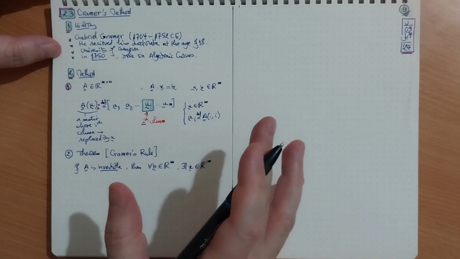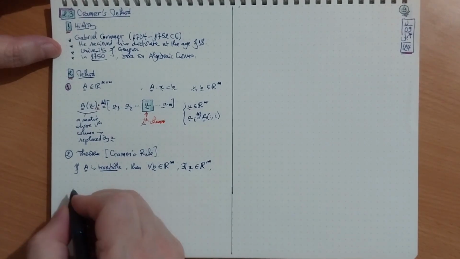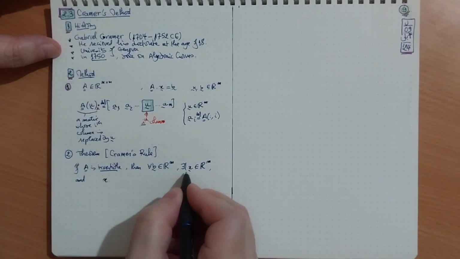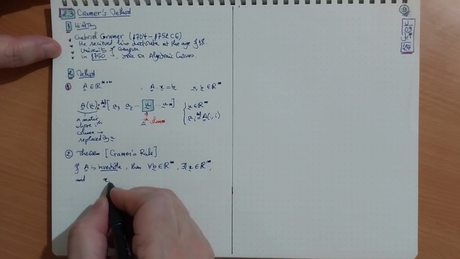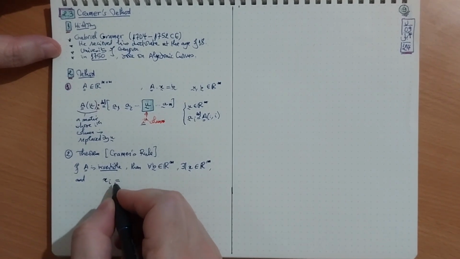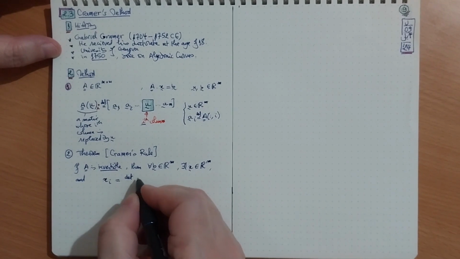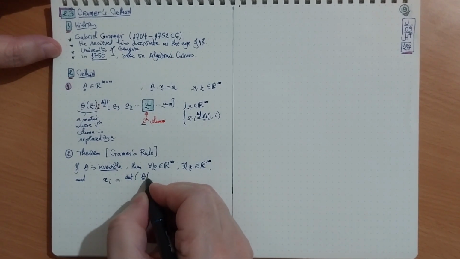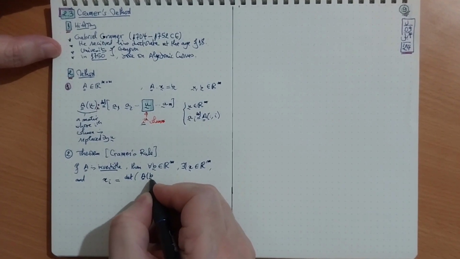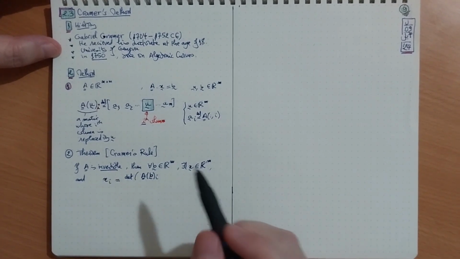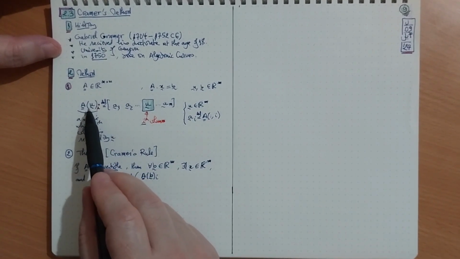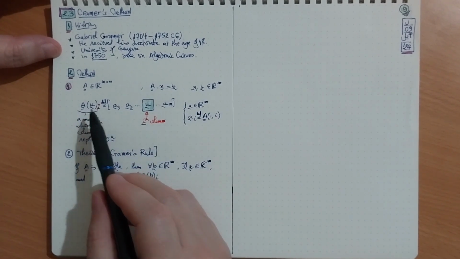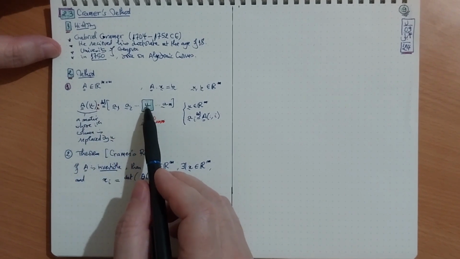It exists and is unique, and is given by its components: the component x_i of the solution vector x is defined by the determinant of the matrix A, all the columns of A except the ith column, which is replaced by B. As in the notation, here instead of U is any vector belonging to R^m, so we have put here the vector B. So B must be at the ith column.